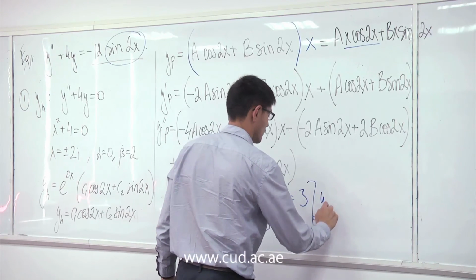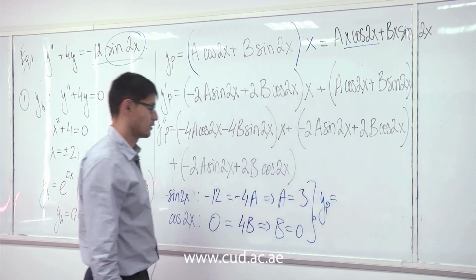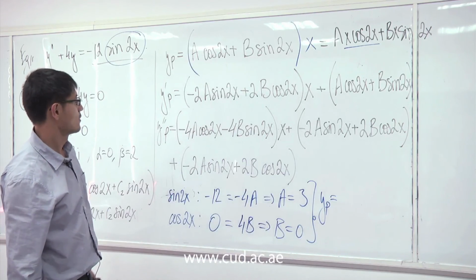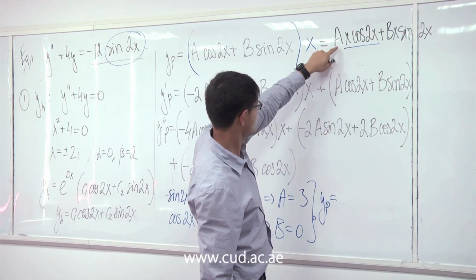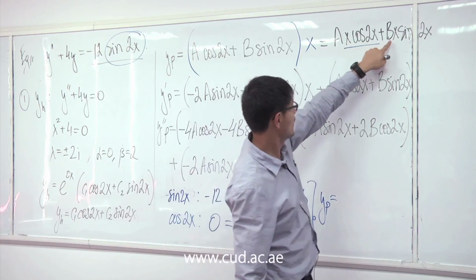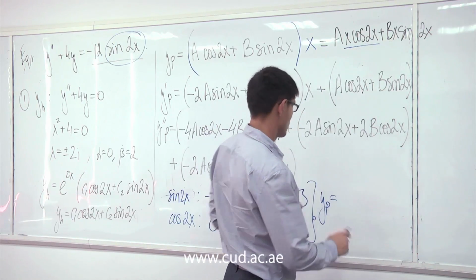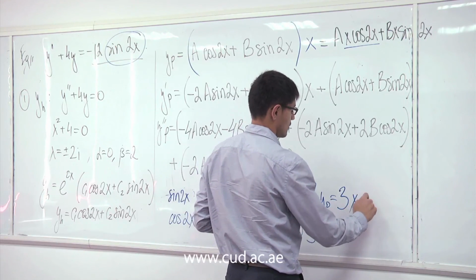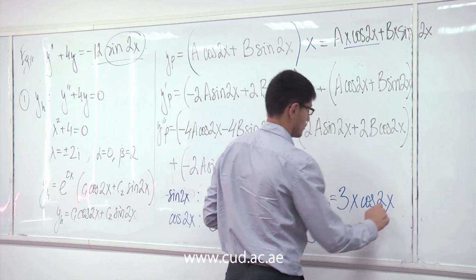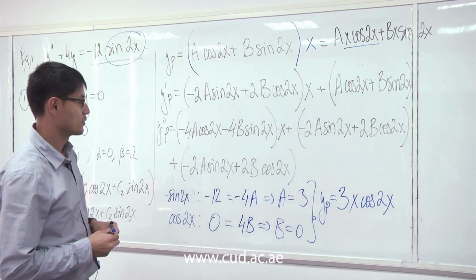So what is our particular solution? Well, here's the particular solution. And we just said that a will have to be equal to 3 and b will have to be equal to 0. So we'll get 3x cos 2x. That's our particular solution.